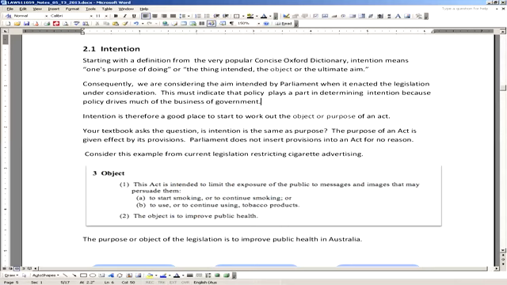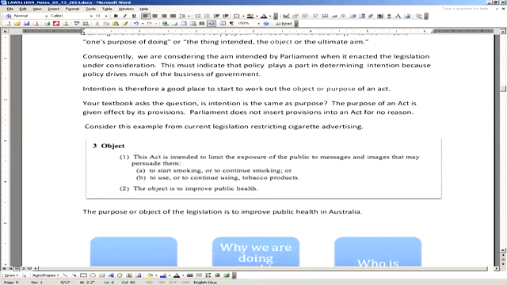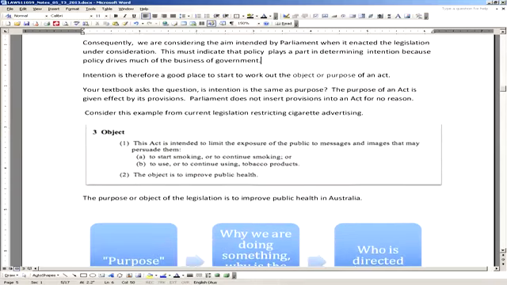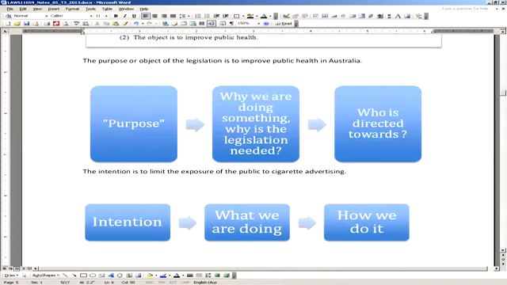Yes, all right. I hear what you're saying very loudly, in the sense that it does feel as though we're looking at the same things, calling it a different thing, but we're looking at it in the same way. Okay. All right, so the purpose, obviously they say the purpose of the cigarette advertising is to improve public health.